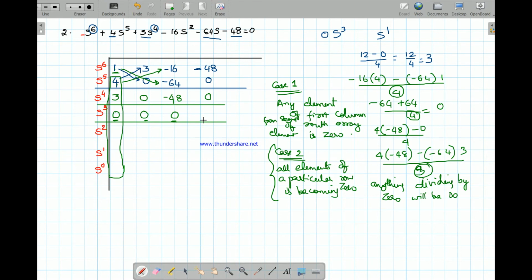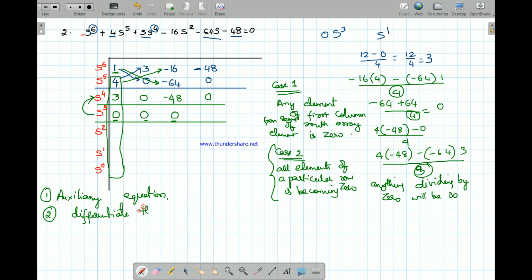We go with the previous row and construct the auxiliary equation, and then we differentiate this auxiliary equation.